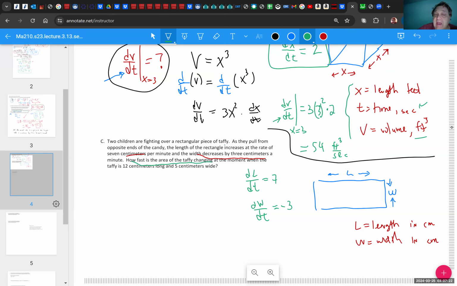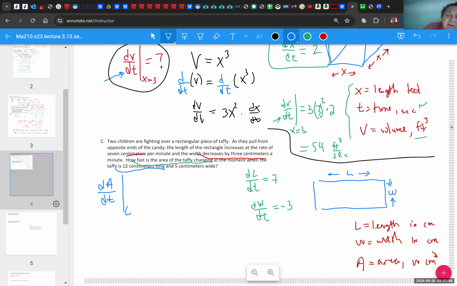Okay, so how fast is the area of the taffy changing is what the question is. So we're looking for how fast area is changing. That's the derivative of area. So we need to have a variable for area. I'll just write that as A. Area is measured in square units or square centimeters. And we're looking for how fast A is changing, which is the derivative of A in time at this moment when the taffy is 12 centimeters long.